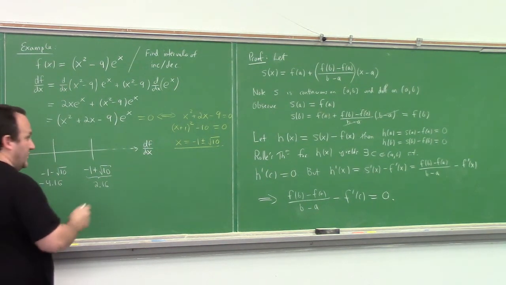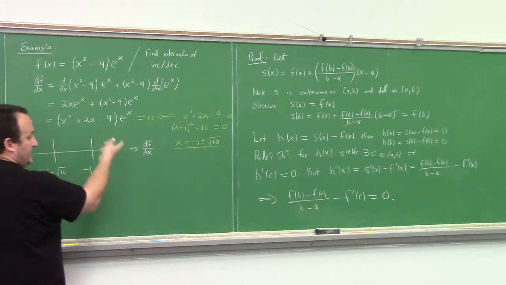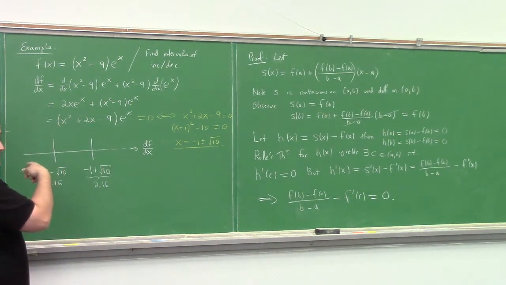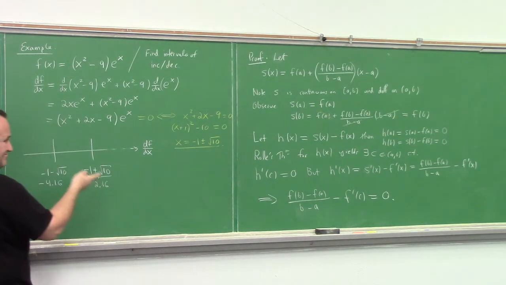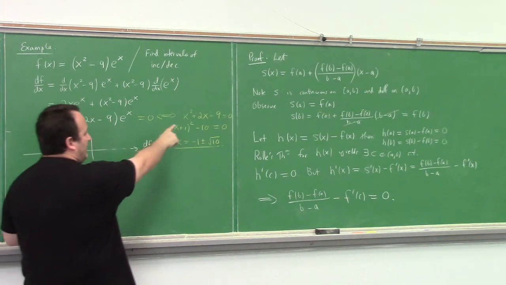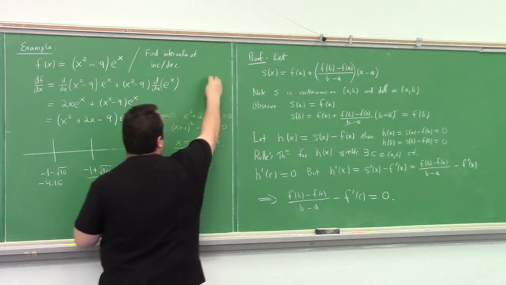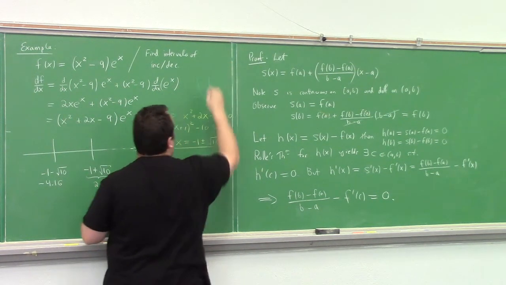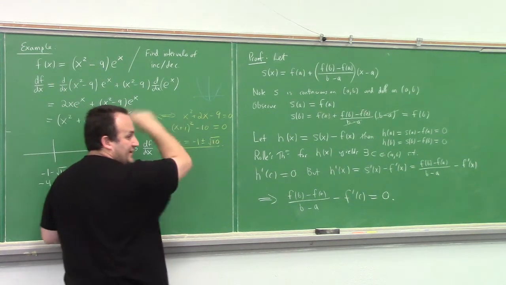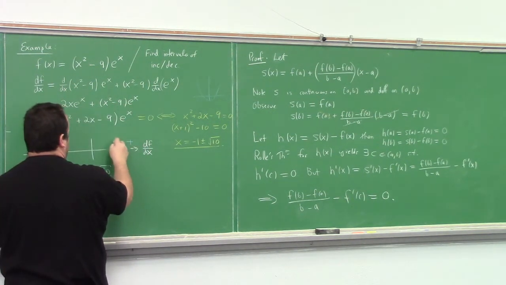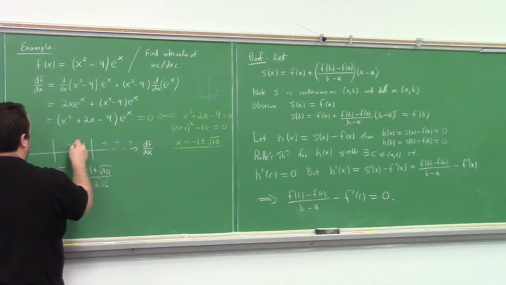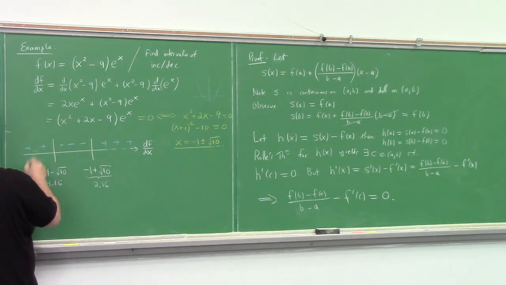Okay? And then, is the derivative continuous? Yes. So the intermediate value theorem says we can determine where it's plus and where it's minus by checking a point in each interval, right? So if you think about this quadratic, what's the graph of the quadratic look like? One of these deals, right? So it's positive on the ends and it's negative in the middle, which means that likewise this is going to be pluses, minus, right?